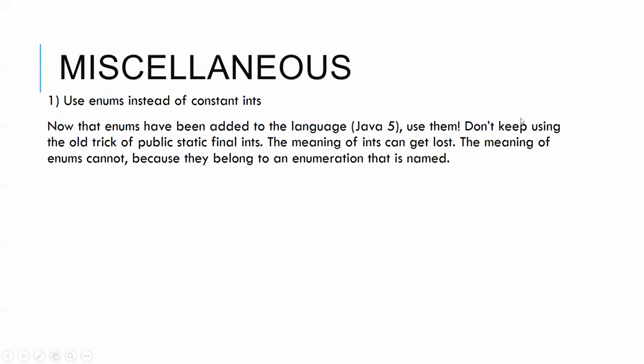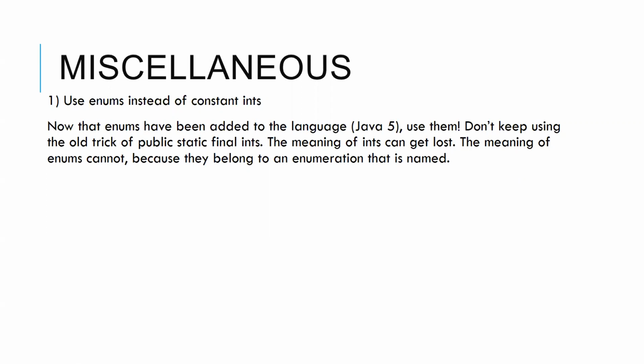Now, some miscellaneous tips. The first tip is to use enums instead of constant ints. Since Java 5, enums have been added to the language, so use them. Earlier we had a strategy of using public static final ints to represent constants.